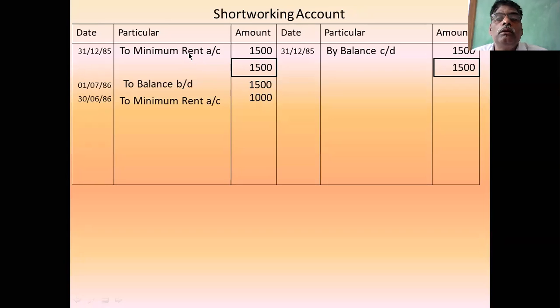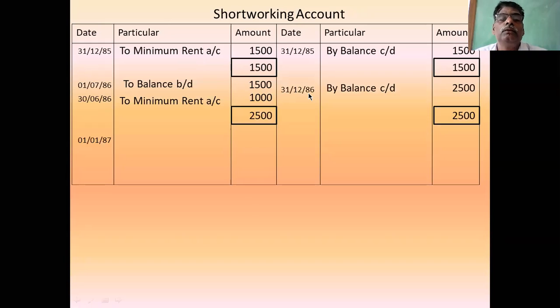For SW amount, you write minimum rent and other things remain the same. Take the total and calculate the balance. Balance is 2,500. Then 1/1/1987, balance brought down 2,500. And in the third year, the amount is in SWR and SWIR.